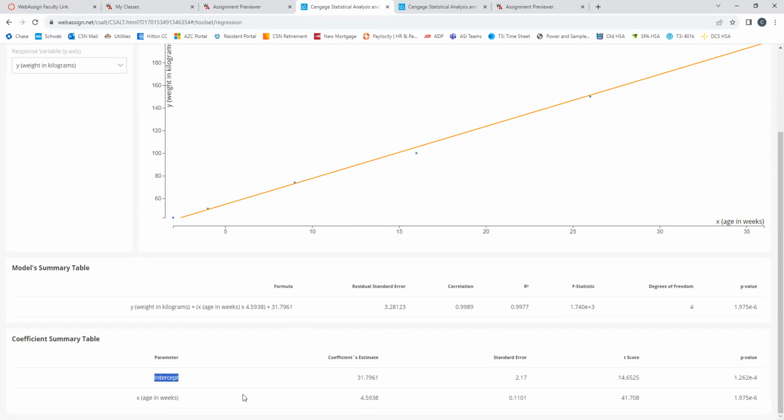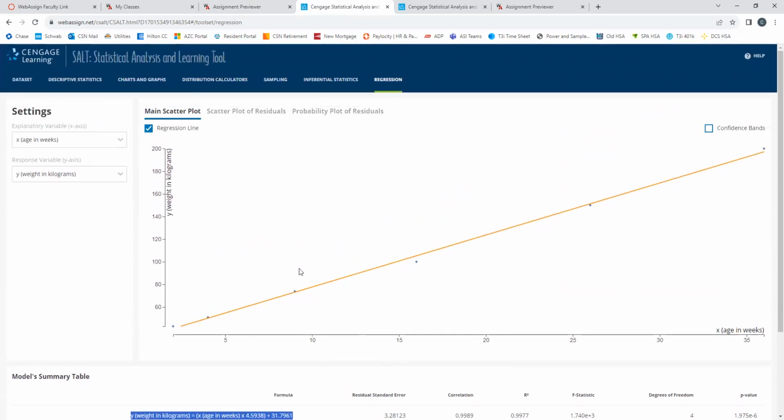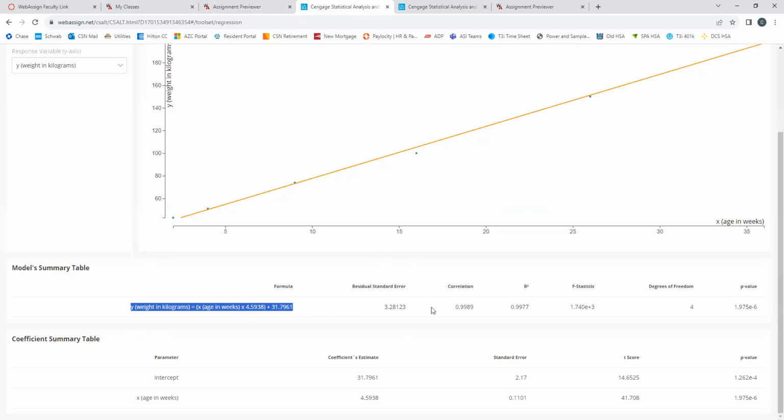This program calls it intercept instead of just constant. Slope, intercept, and then this right here gives me that model, even though it looks a little bit ugly: Y equals 4.5938x plus 31.796. So we're able to get those things pretty easily.